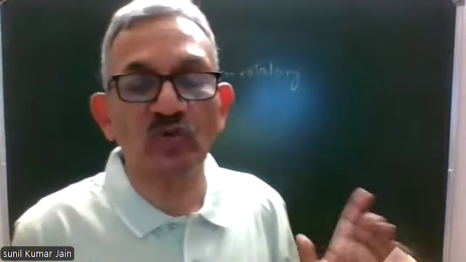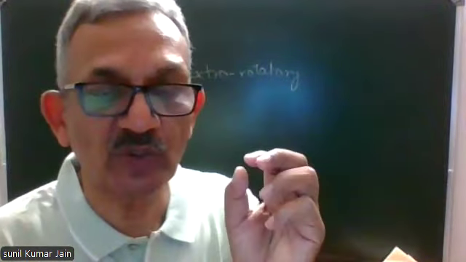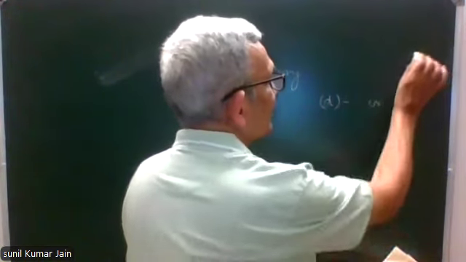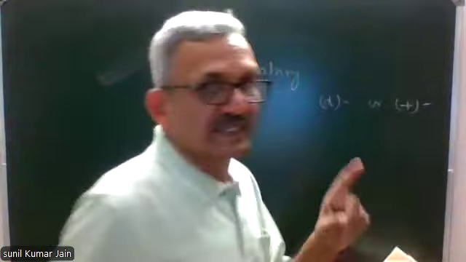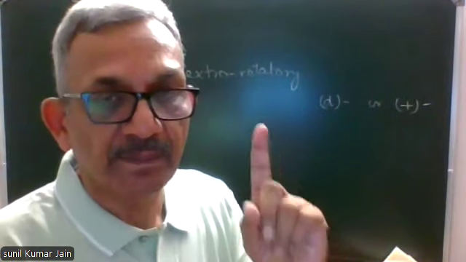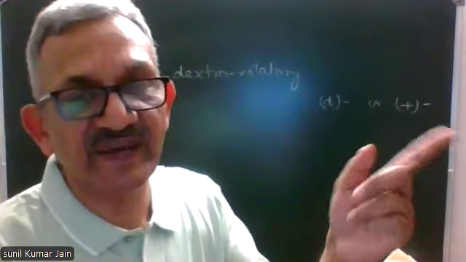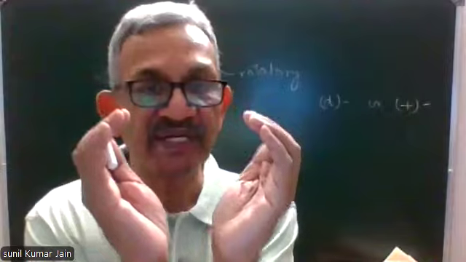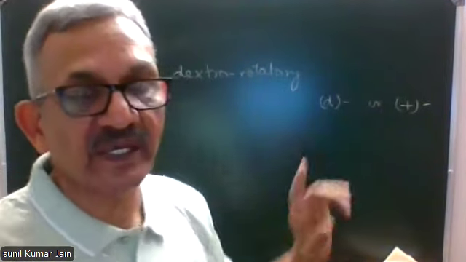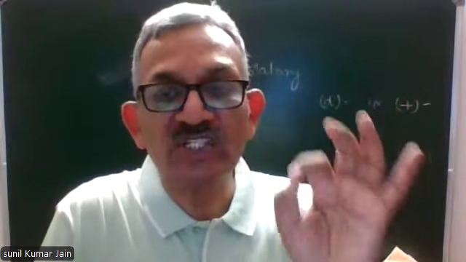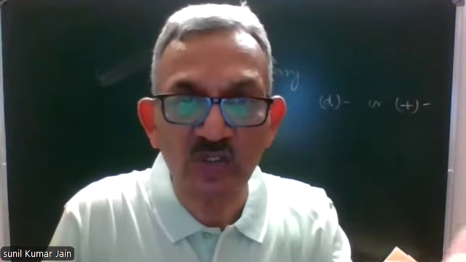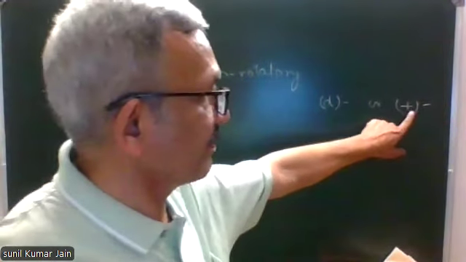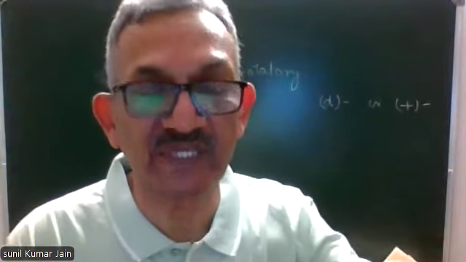And this dextrorotatory compound is represented by using the prefix d or plus. d should be small d because capital D will have some other meaning. Small d or plus is written within brackets followed by a hyphen. So if the compound rotates the plane of PPL towards the right hand side, that is clockwise, then this is represented by using d or plus before the name of the compound.